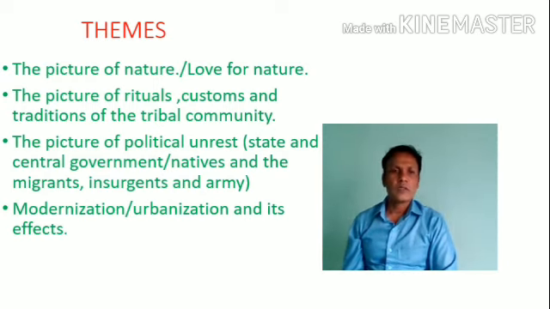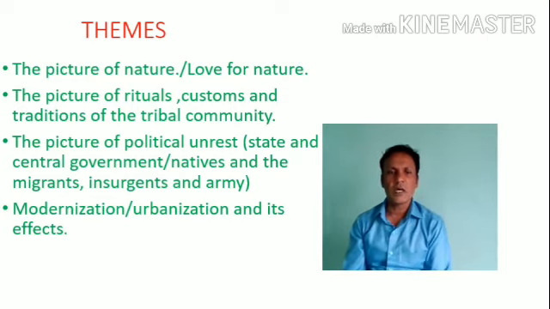The most important theme of the poem, and the one that is prevalent throughout, is the picture of political unrest. We have already studied that in these states, in Arunachal Pradesh or in the remaining states of the northeastern part of India, political unrest is there. Why?